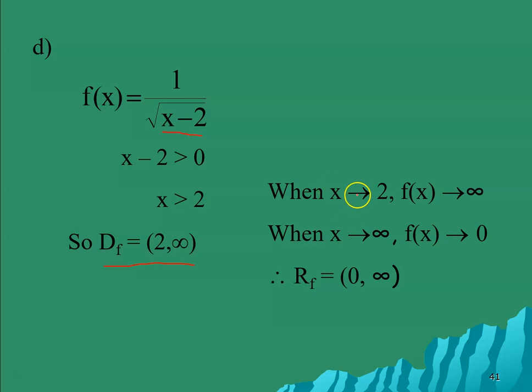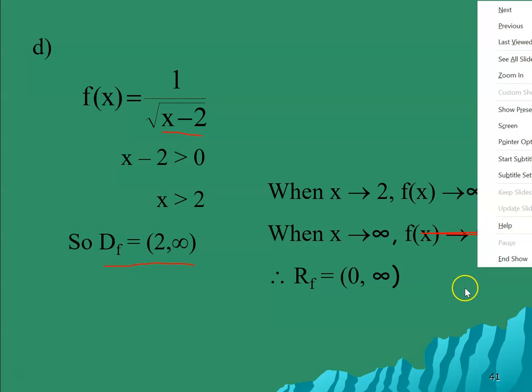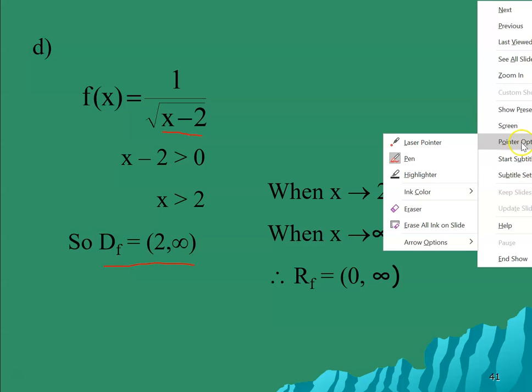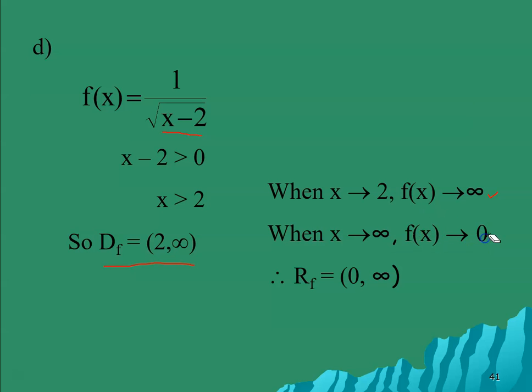And here is when you substitute the x value with 2 ke dalam sini. Bila you substitute x value equal to 2, so 1 over square root of 2 minus 2, this one becomes 0, kan? So you will obtain positive infinity. And then when you substitute x value with infinity, f(x) will become 0.